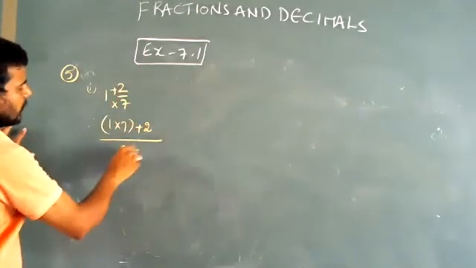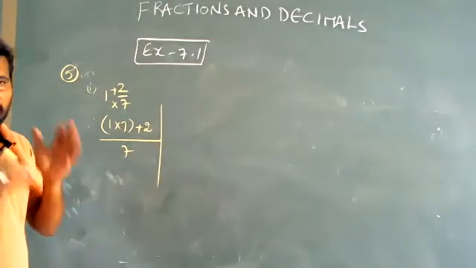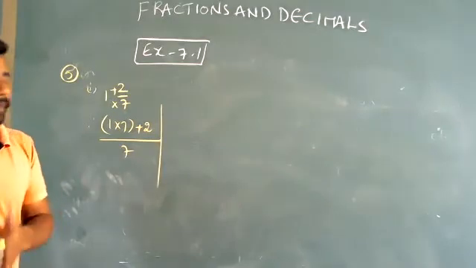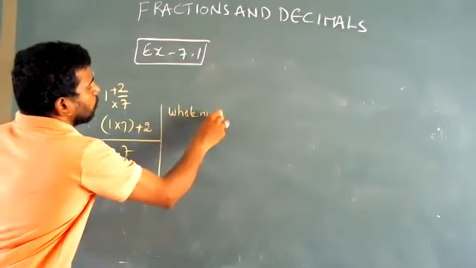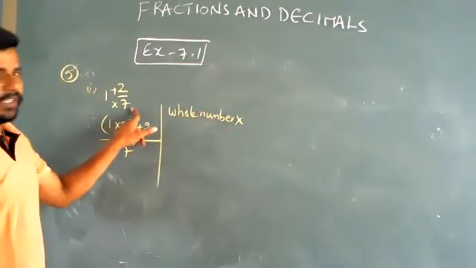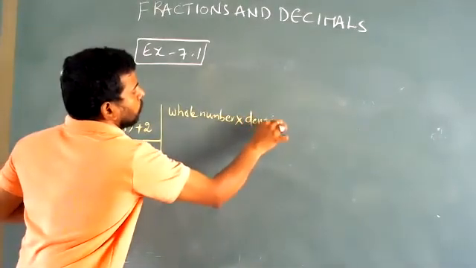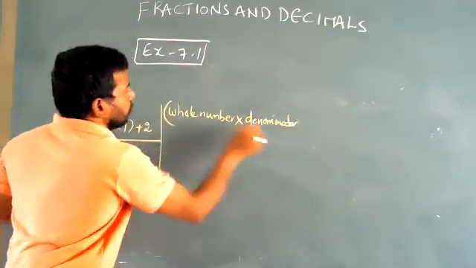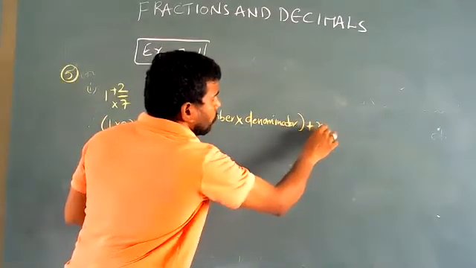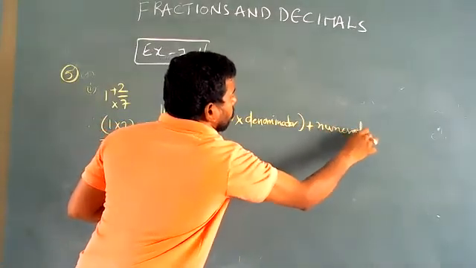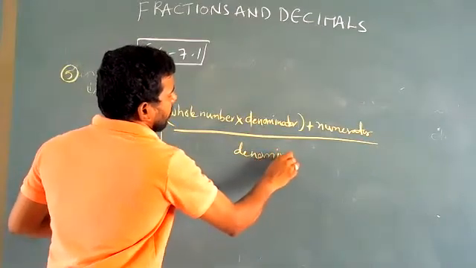The denominator is 7. There is one formula for converting mixed fractions into improper fractions: whole number into denominator plus numerator, by denominator.